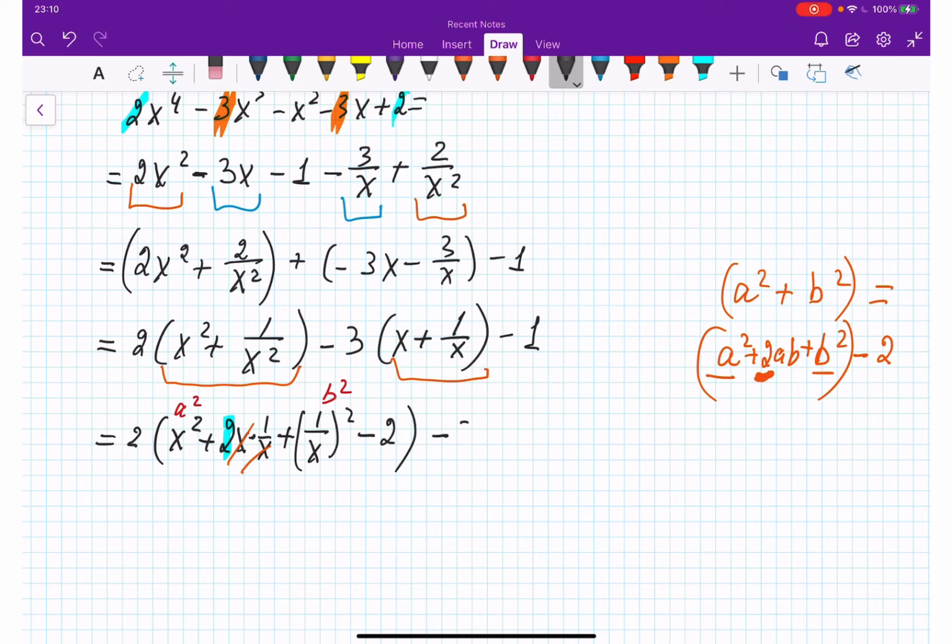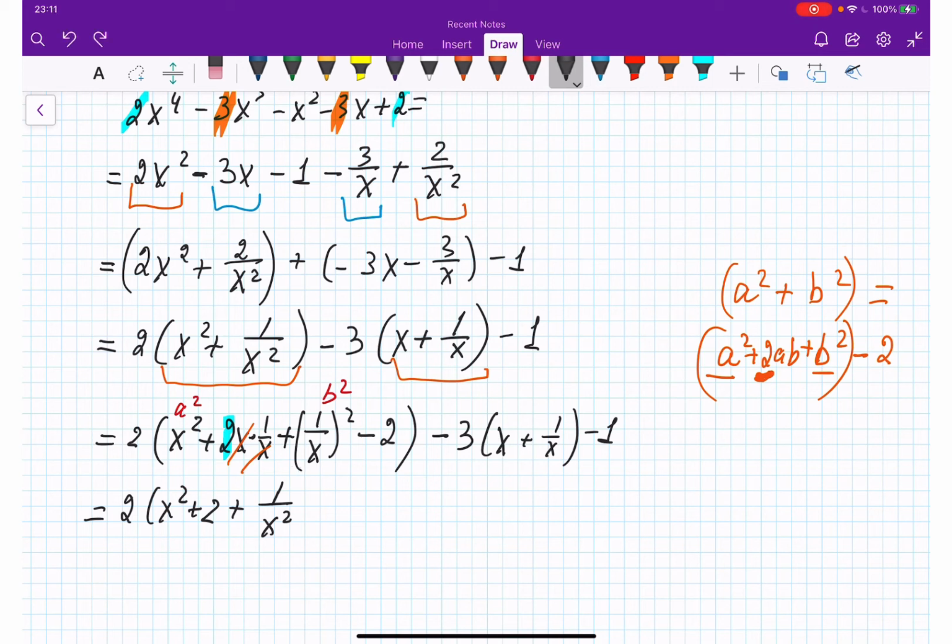So back to our problem. Minus 3 times x plus 1 over x and minus 1. Now, let me rewrite this clean. Twice x squared plus 2 plus 1 over x squared. I don't have to write down the whole thing in parentheses, I just put the whole fraction in parentheses so you can see the format of b squared.